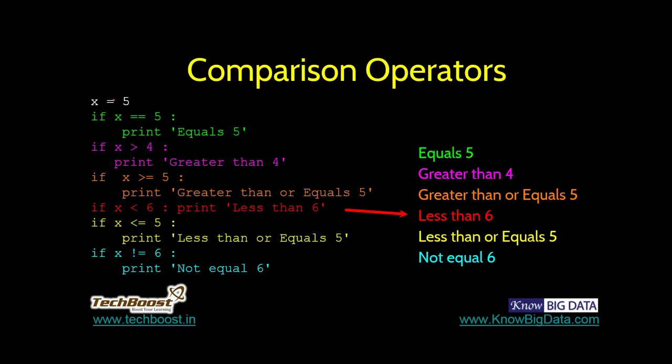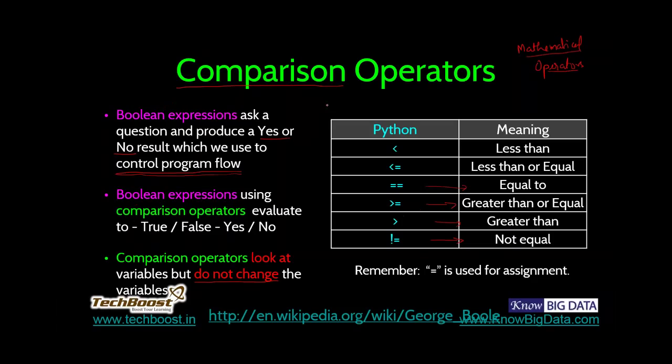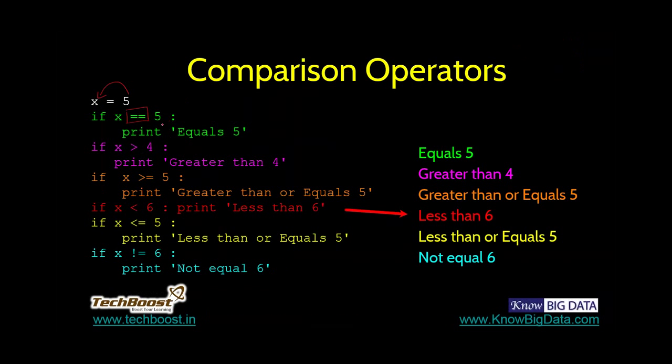We assign the variable x a value 5. Now we're trying to compare the equality. This is the equals to comparison operator, as we discussed in our last slide. It checks for equality, whether the variable is equal to a value, or in place of a value we can also have another variable.